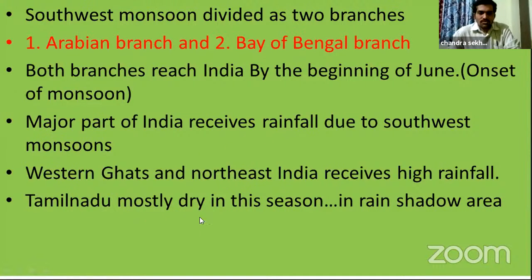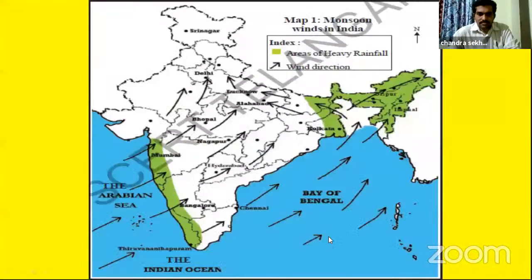Only Tamil Nadu is mostly dry in this season because it is located in the rain shadow area of the Western Ghats. If you observe, this green color indicates the places having high rainfall, because the southwest monsoons are coming towards the west. These southwest monsoons are obstructed by the Western Ghats, which extend from Gujarat to Kerala on the west side.